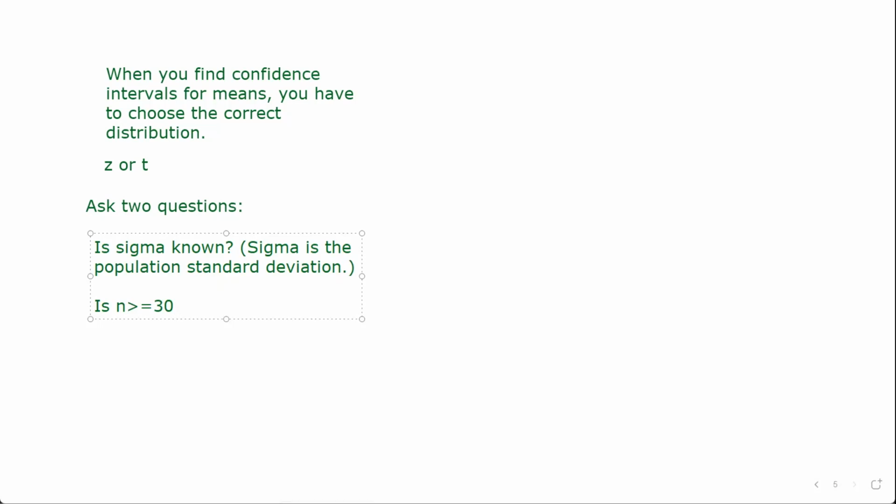Now, let me stop sharing because I need to show you one thing before we continue. I need to show you the PowerPoints for 7.2. So let me scroll down to, here it is.